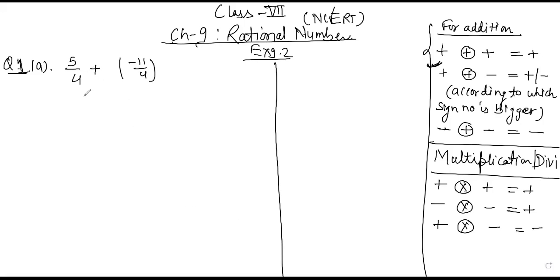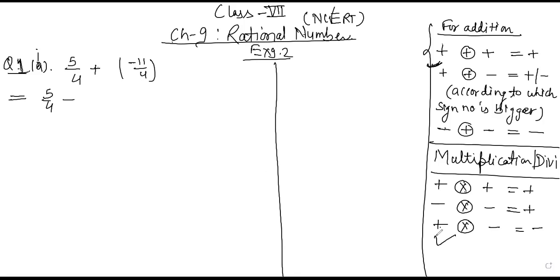So let us start the exercise. Okay. So look, 5 upon 4, this is the first part, not A. Look, this is plus and this is minus. Plus and minus, and you know that outside the bracket there is a multiplication sign, right? So plus and minus multiplication gives you minus.